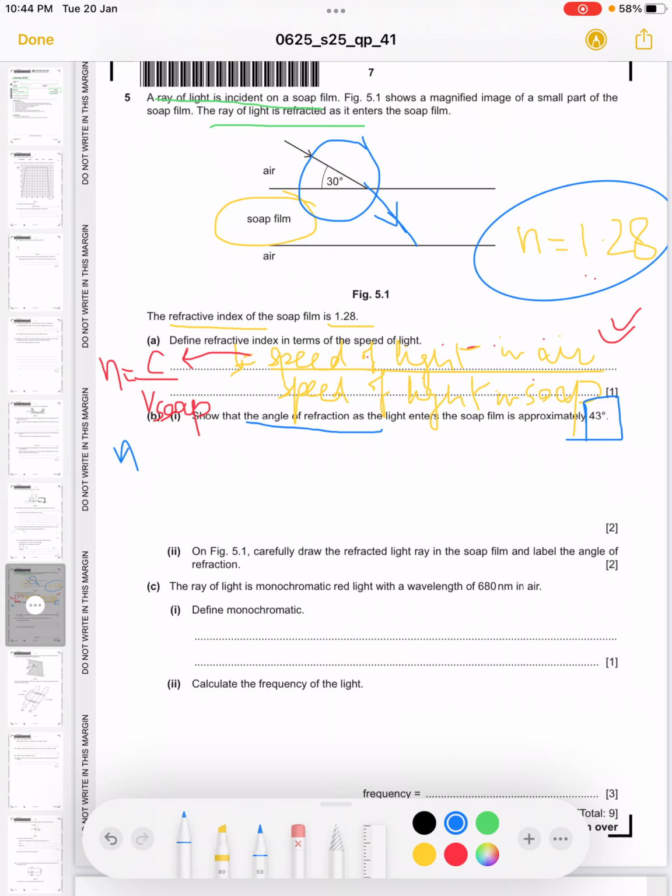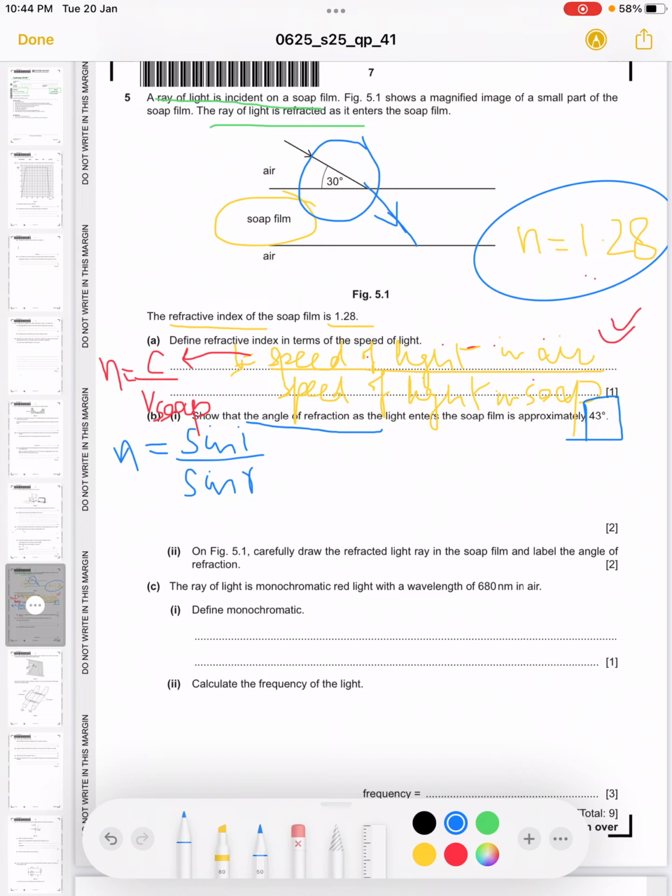So I am first writing the formula, and then we will discuss how to substitute the values. n equals sine i divided by sine r. What is i? i is the incident angle, and r is the refracted angle.